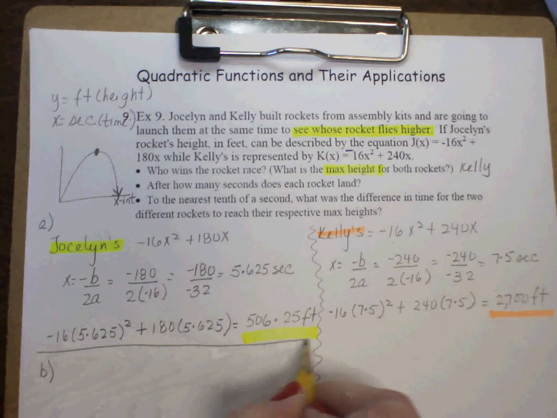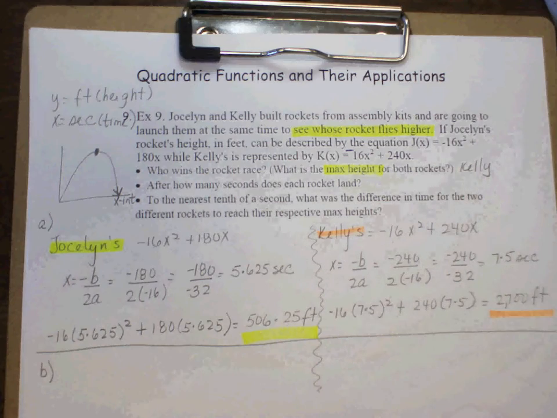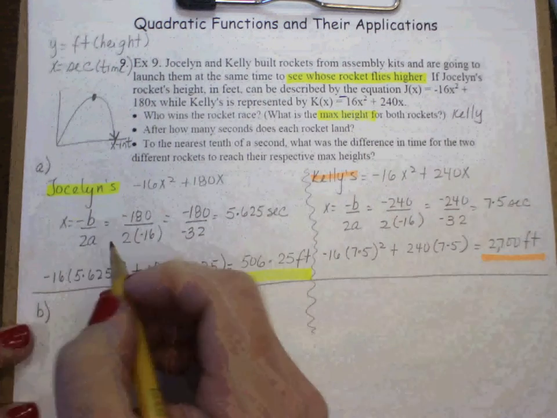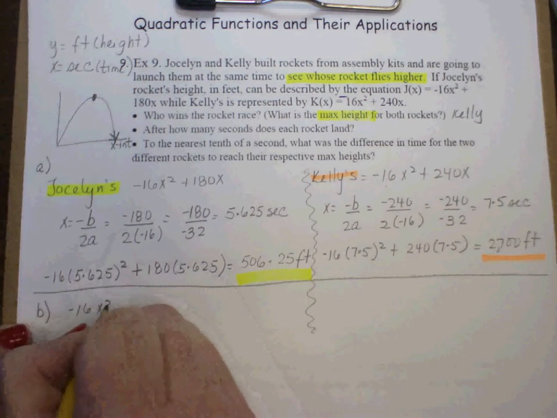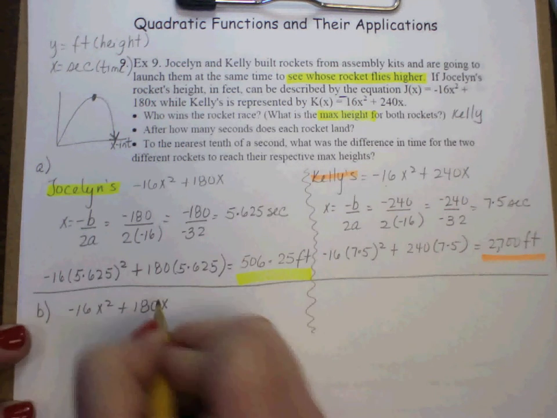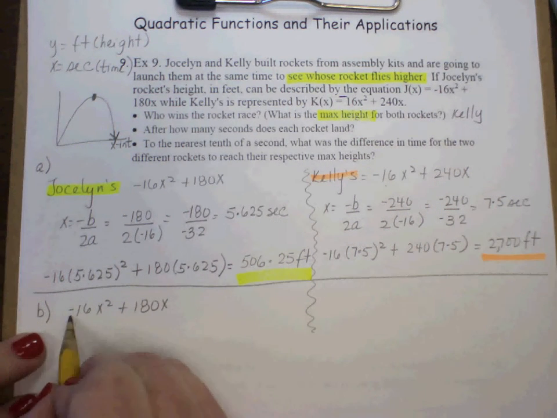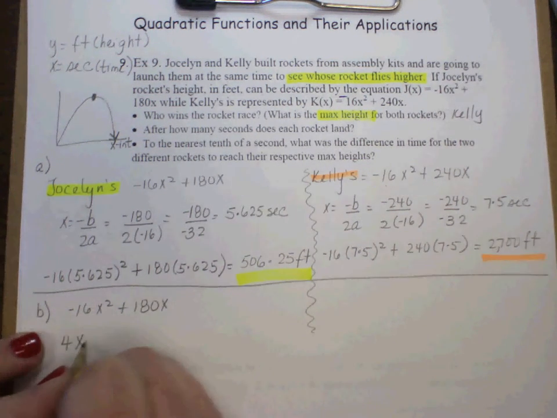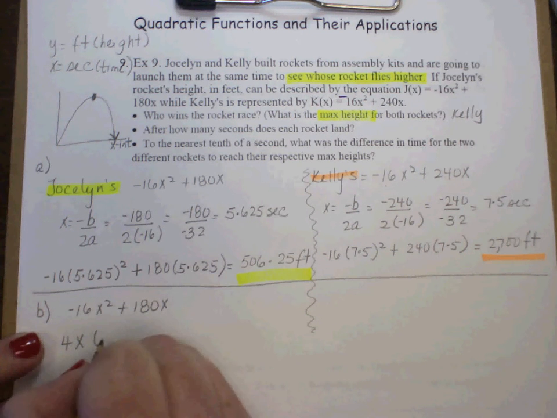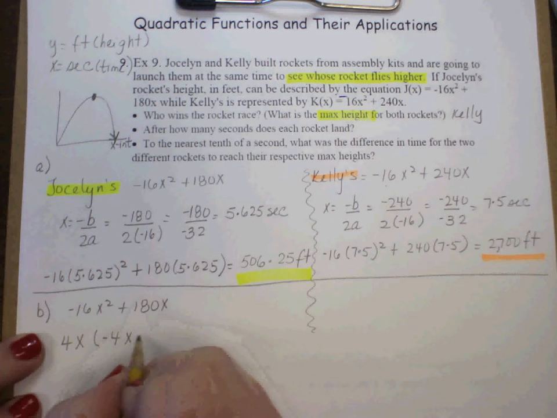Negative 16x squared plus 180x. Let's see if we have a common GCF, and it does. It's 4x. That will be negative 4x plus 45, which means 4x equals 0.